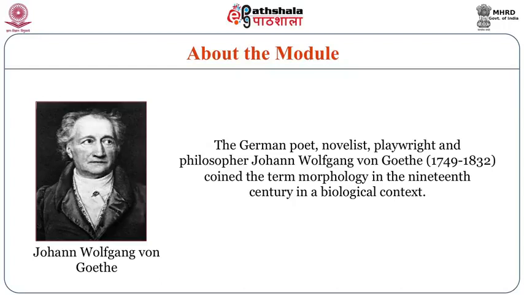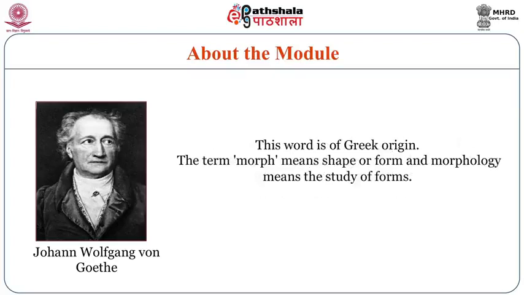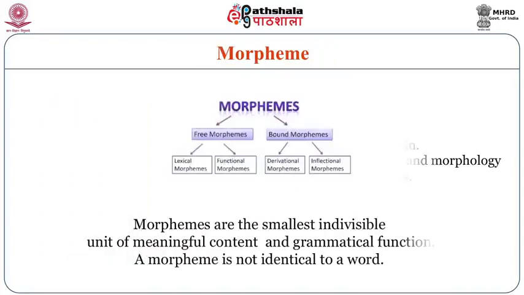The German poet, novelist, playwright and philosopher Johann Wolfgang Goethe coined the term morphology in the 19th century in a biological context. This word is of Greek origin. The term morph means shape or form and morphology means the study of forms.